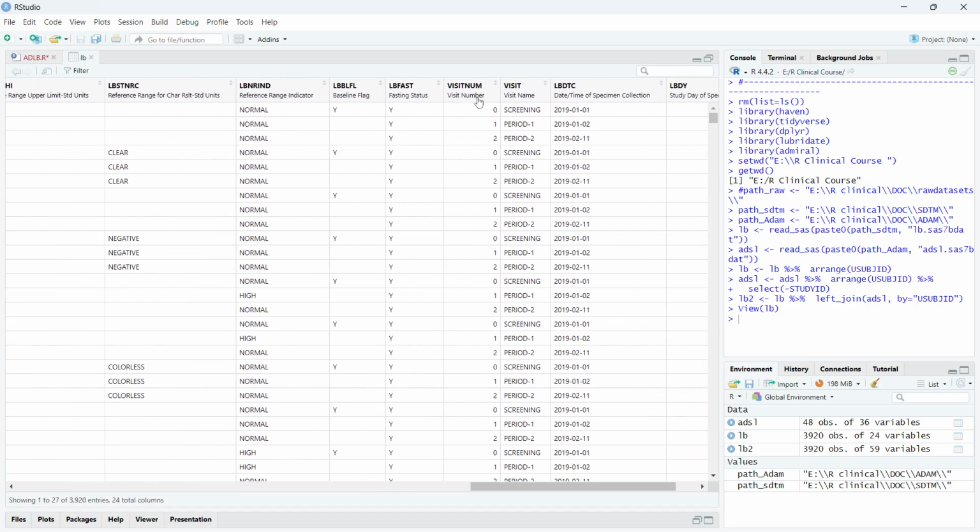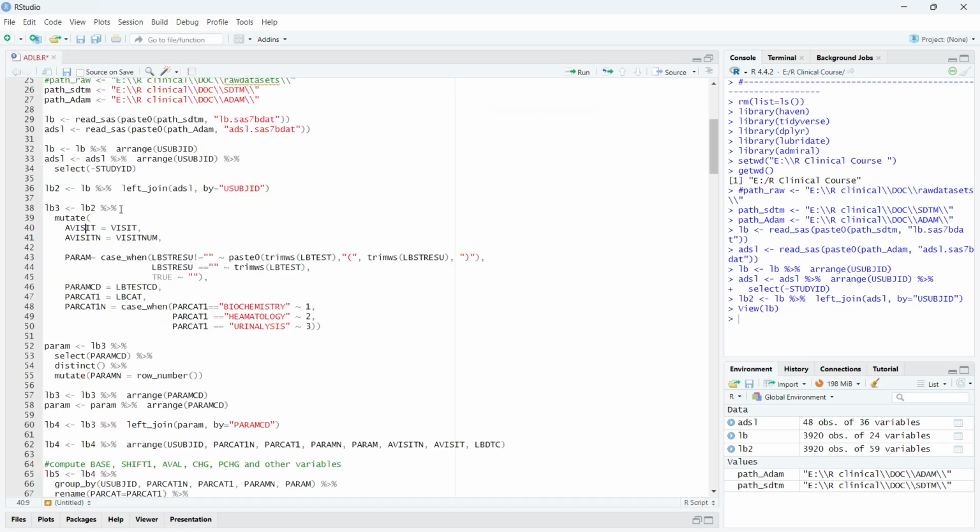We have VISITNUM in numeric format and VISIT in character form. We have these two variables, so we map directly to them.